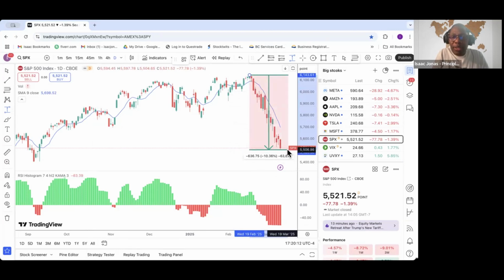You can see that from the top there to this point, the S&P 500 index dropped from roughly 6,143, and it is currently at 5,521.52.